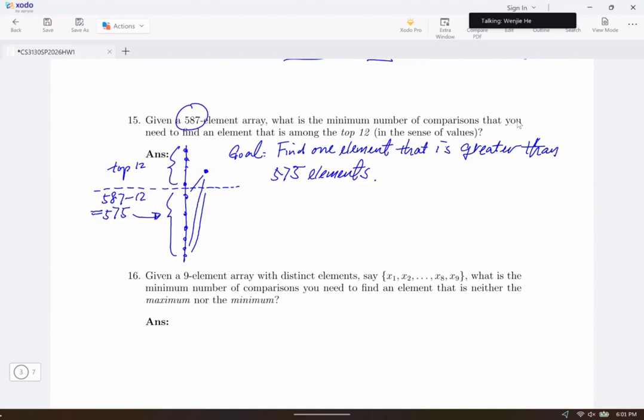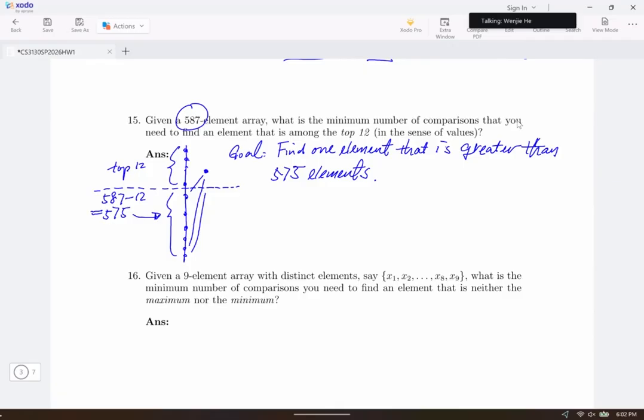Maximum beats more elements. Here, we need to find an element weaker than the maximum. It only needs to beat 575. That means we need to do less comparison work than finding the maximum. Finding the maximum, we know the solution, right? 586 comparisons. So we should use fewer comparisons to find this element.